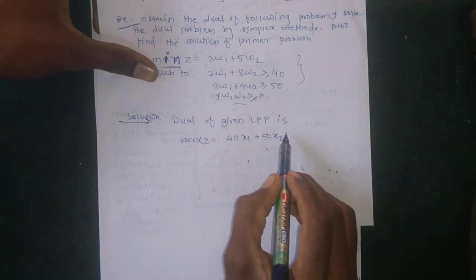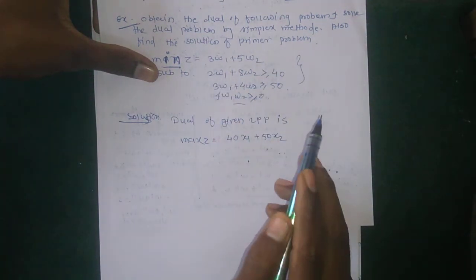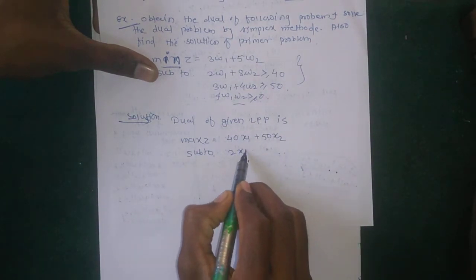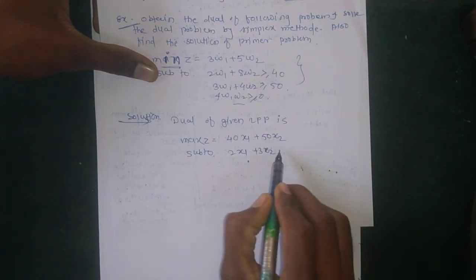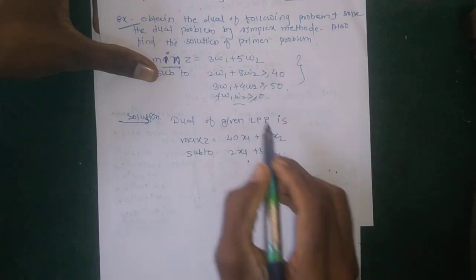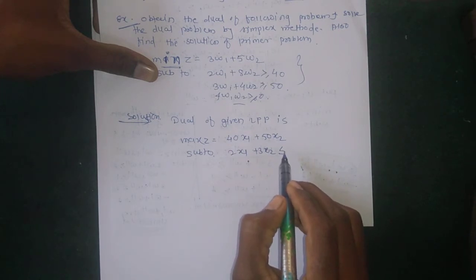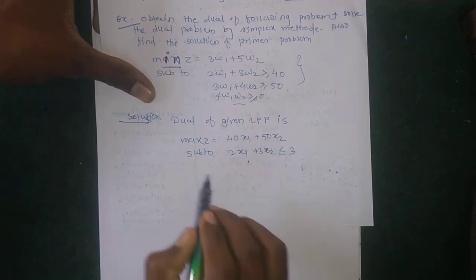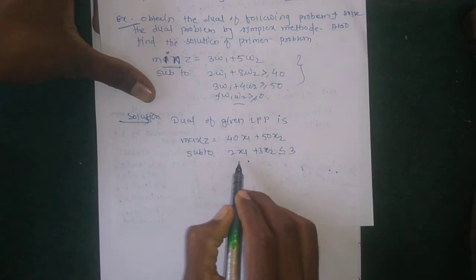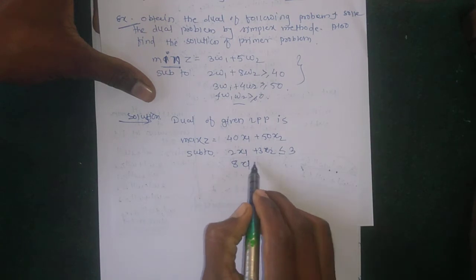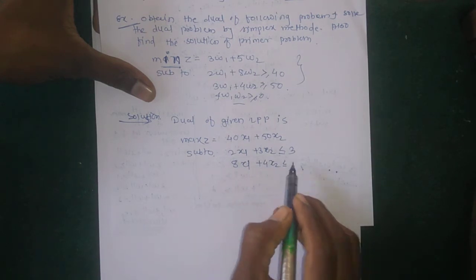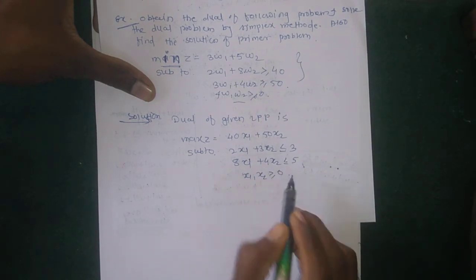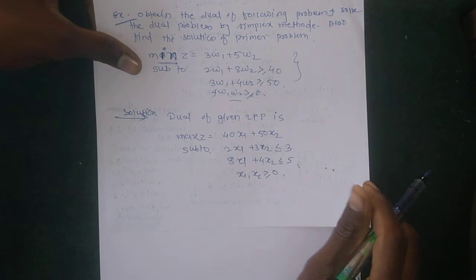The variables are x1 and x2, while in the primal the variables are w1 and w2. Subject to 2x1 plus 3x2, all primal constraints being greater-equal, the dual constraints are less-equal, less equal to 3, the coefficient of w1 in the objective function. Then 8x1 plus 4x2 less equal 5, and x1 and x2 greater equal 0. This is our dual problem.